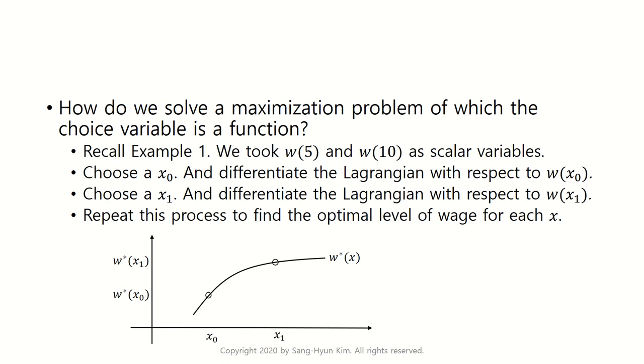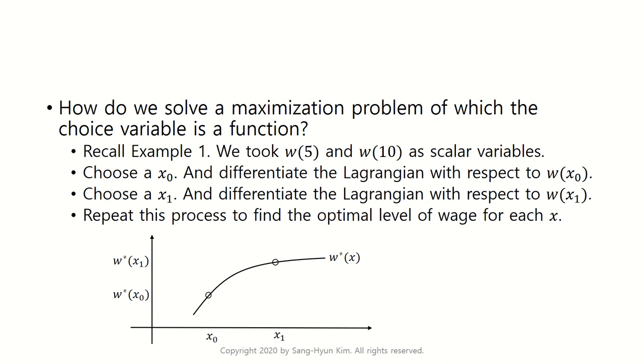Sorry, we didn't differentiate it, but you know what I mean. We regarded these W5 and W10 as scalar variables, and we chose these variables. We want to do the same here.